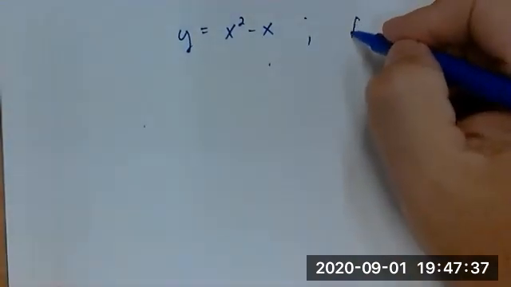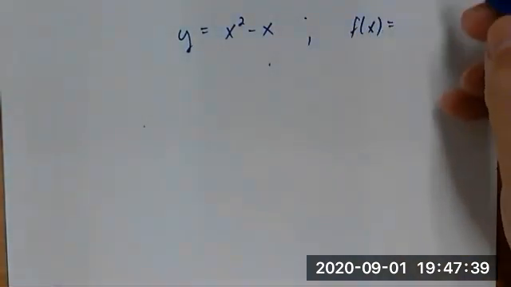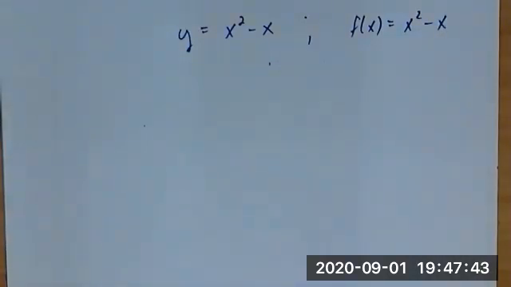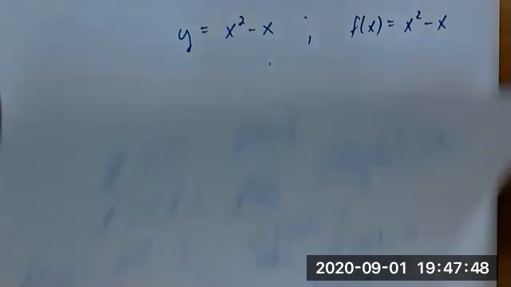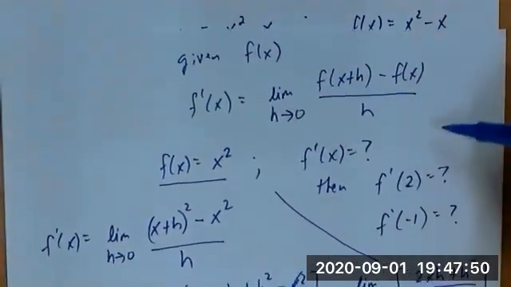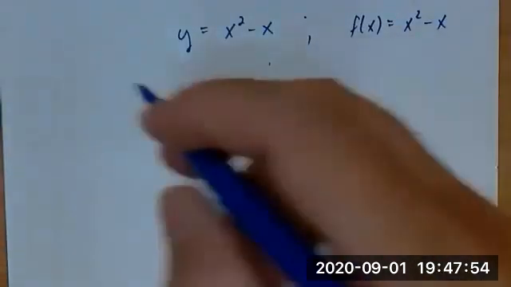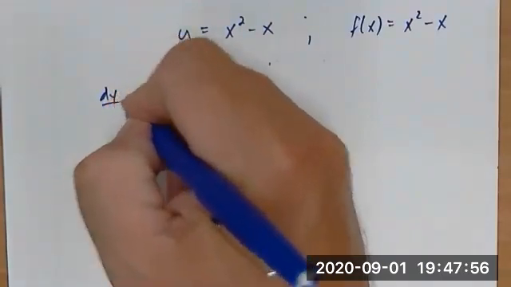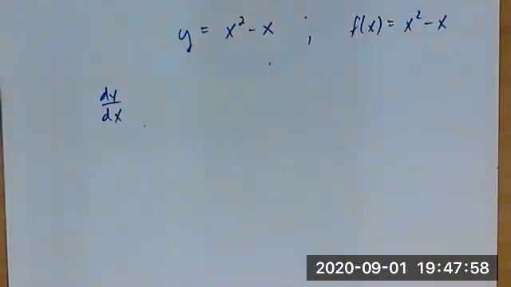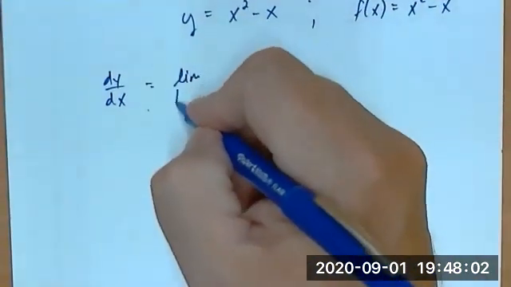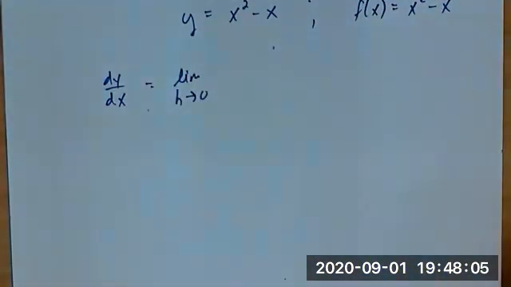So just in case it's not clear, since we're doing function notation, I can also think of it as f of x equals x squared minus x. So once again, I've got to apply this definition of a derivative to this function. So I'll still call it dy dx. So the limit as h approaches 0.